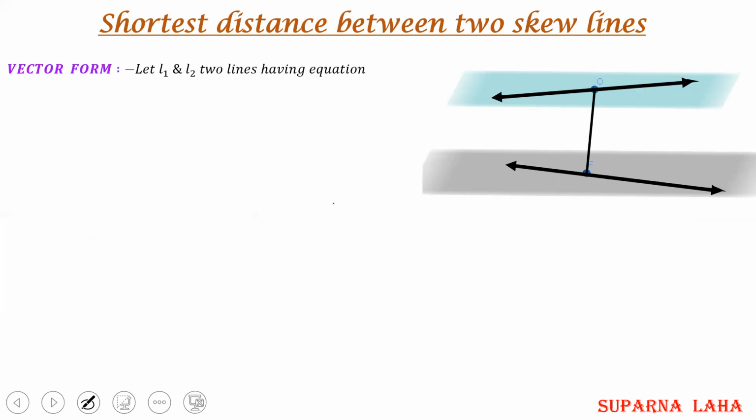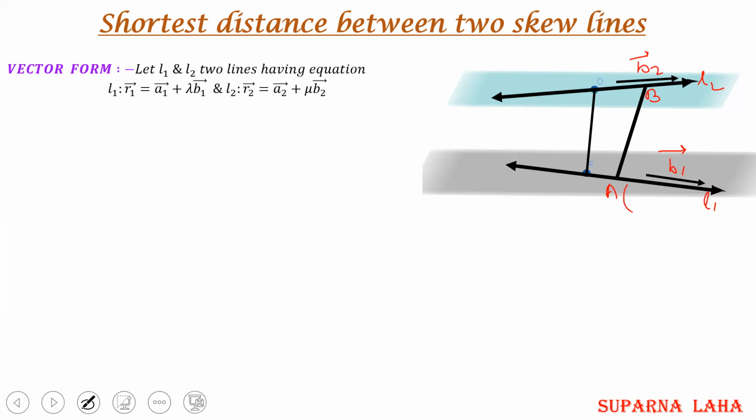Here we are taking two lines L1 and L2 having the equations in the vector form: vector A1 plus lambda into vector B1, and the second one is vector A2 plus mu into vector B2. Taking this point as A, this point as B, this line is L1, this is L2. So this is vector B1 and this is vector B2.